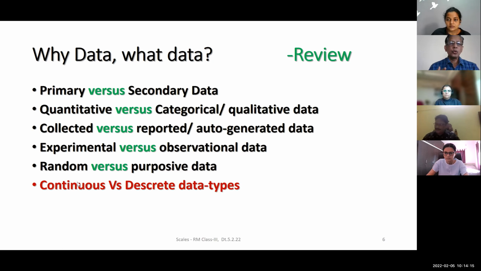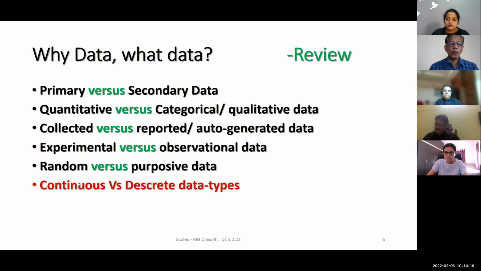So what data we are collecting, it could be continuous, it could be discrete. From one angle, we can classify into two ways, broadly, continuous or discrete. Very simple definition, not a proper definition: if you observe data in a fractional way, it is a continuous type. If you feel you will be getting only whole numbers, that is discrete.